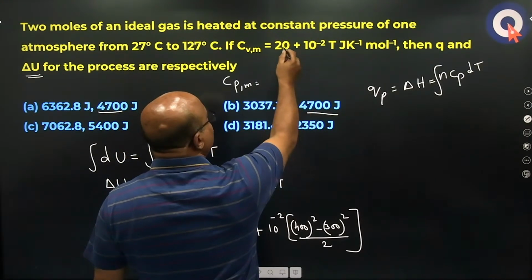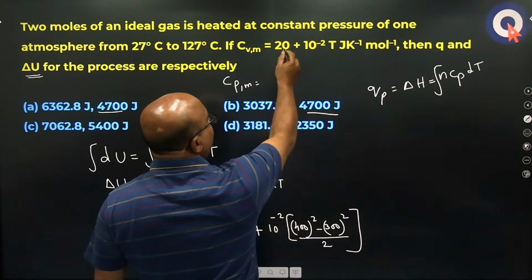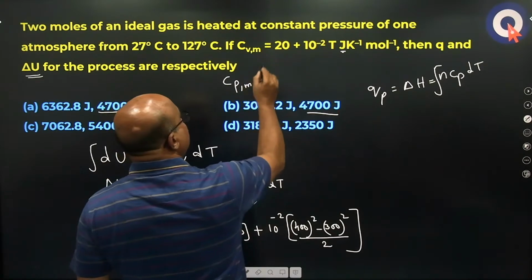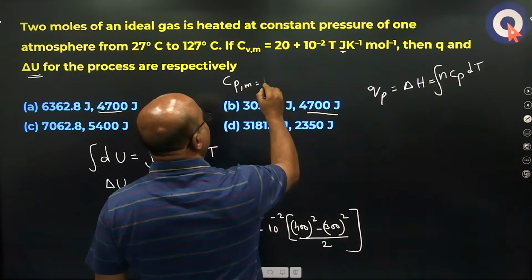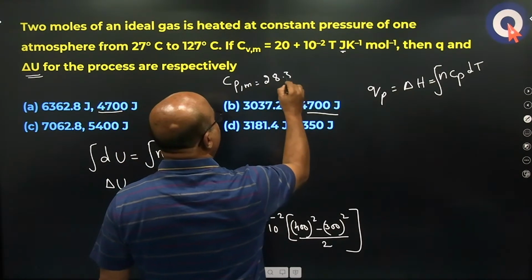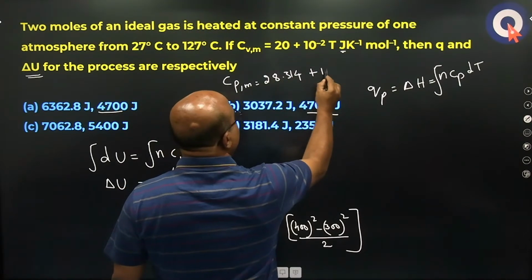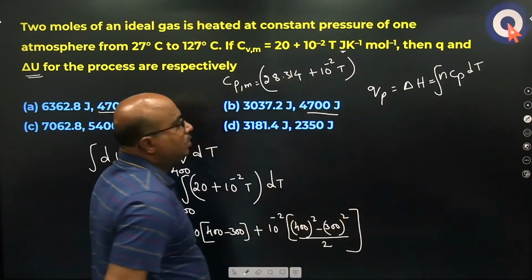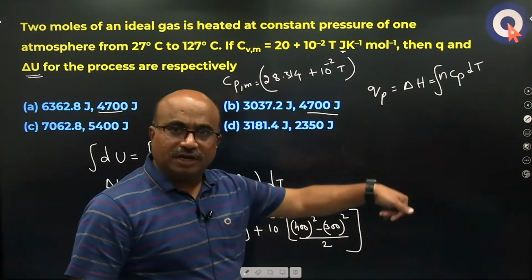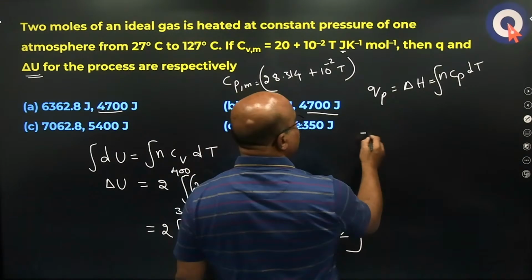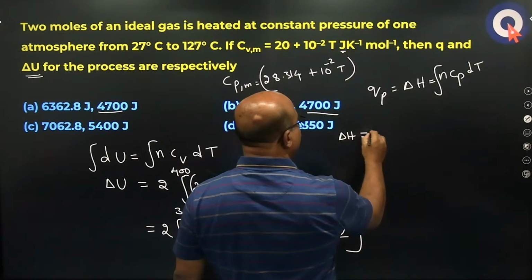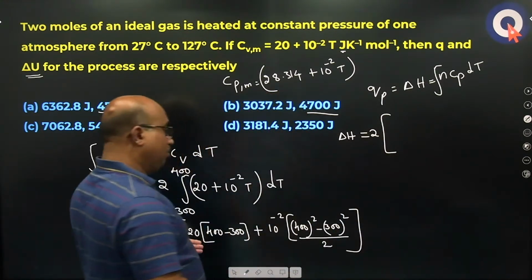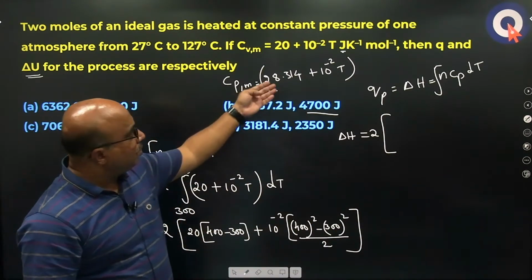Cp molar heat capacity is Cv plus R, meaning you are adding 8.314 because it is in terms of joules. So the Cp expression will become 28.314 plus 10 to the power of minus 2 into T. Now the same thing if you repeat it here, delta H is again the integration of this, same, instead of 20 now we have 28.314.